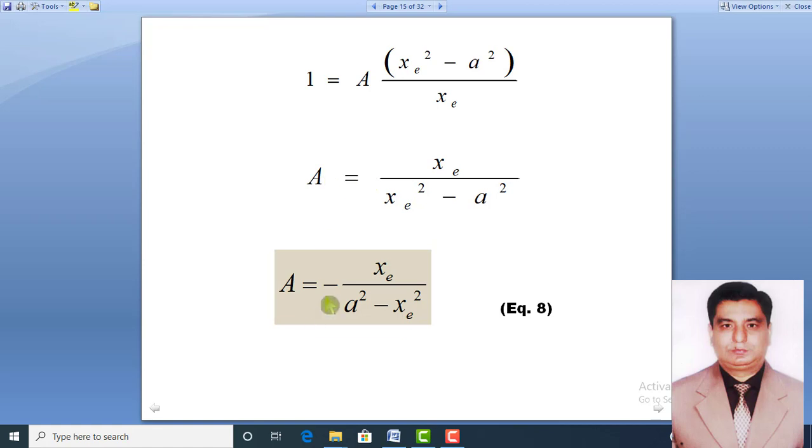So A will be equal to minus Xe over (A² minus Xe²). This is equation number 8.